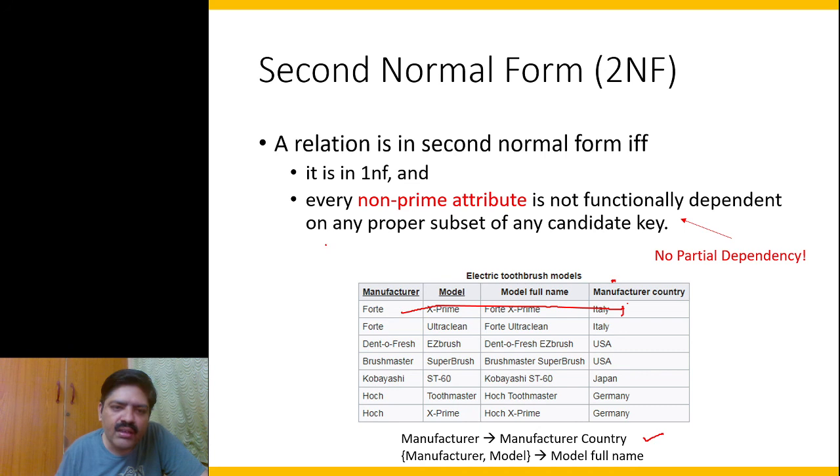So here the candidate key contains manufacturer and model, but the manufacturer country depends only on a subset of the candidate key, which is bad. It should depend on all the prime attributes. Since it depends on a subset, we have a problem, and now we want to change the design.